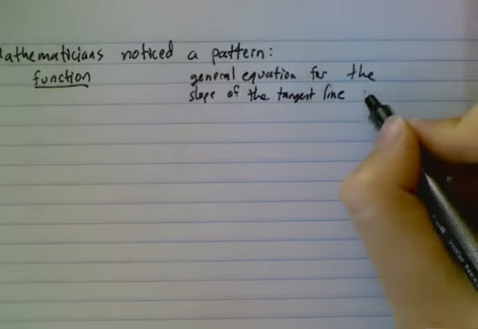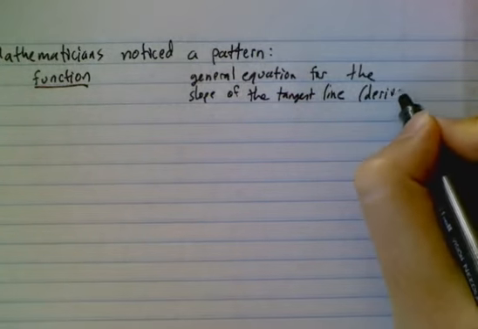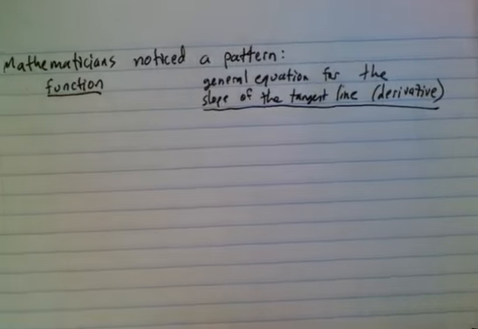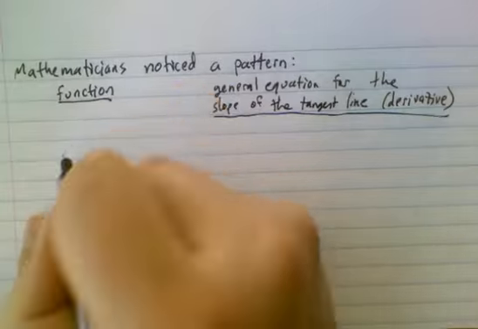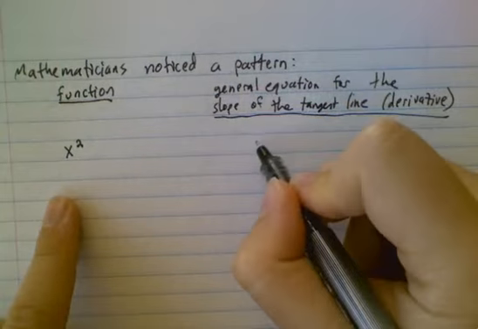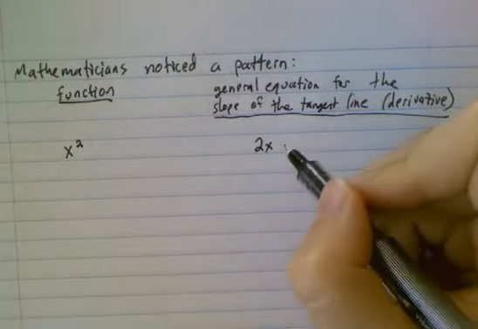Remember, that's called the derivative. And so I'm going to write what the function was. We just had x squared. And we saw that the derivative was 2x.